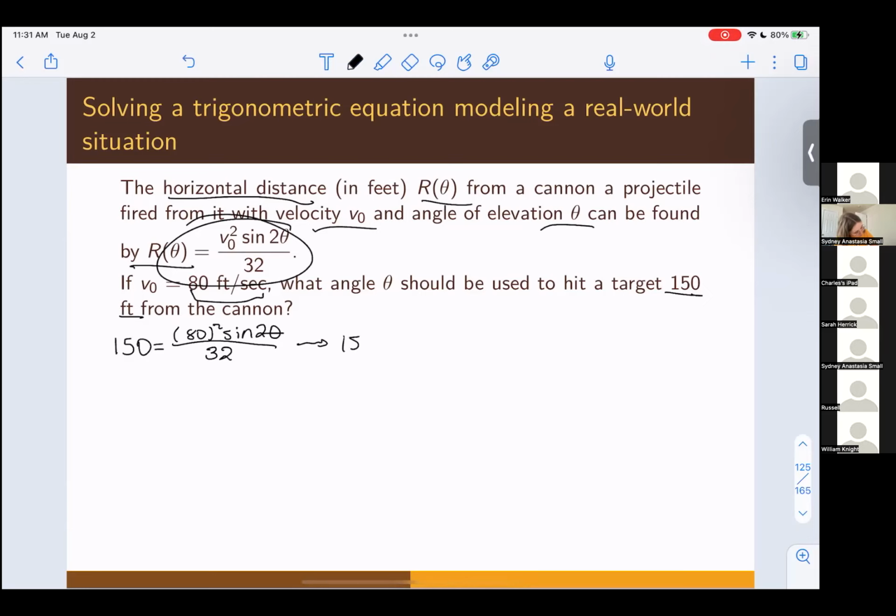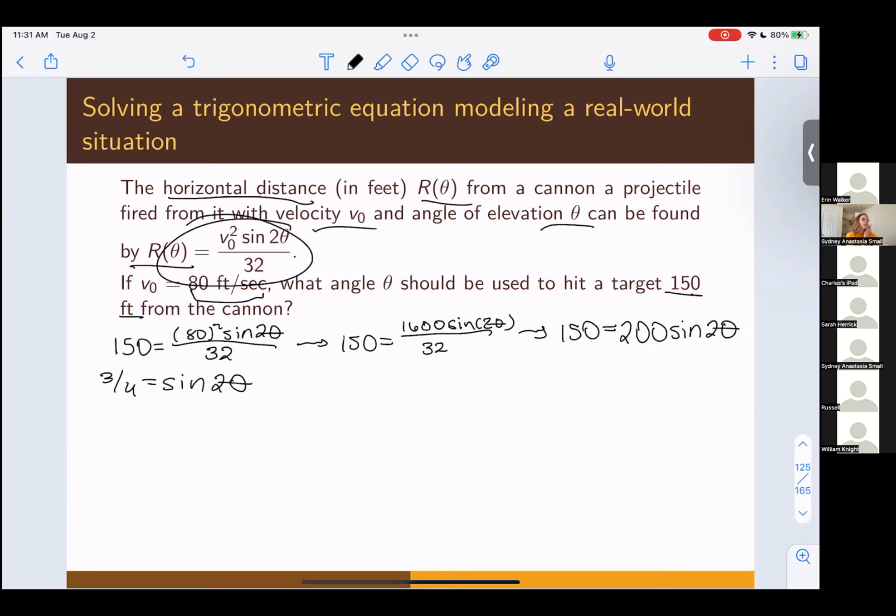So squaring that 80 in my numerator, that's 1600 times the sine of 2 theta all over 32. And dividing that 32 out, 150 is equal to, I believe, 200 times the sine of 2 theta. And then dividing both sides by 200, I get that 3/4 is equal to the sine of 2 theta.